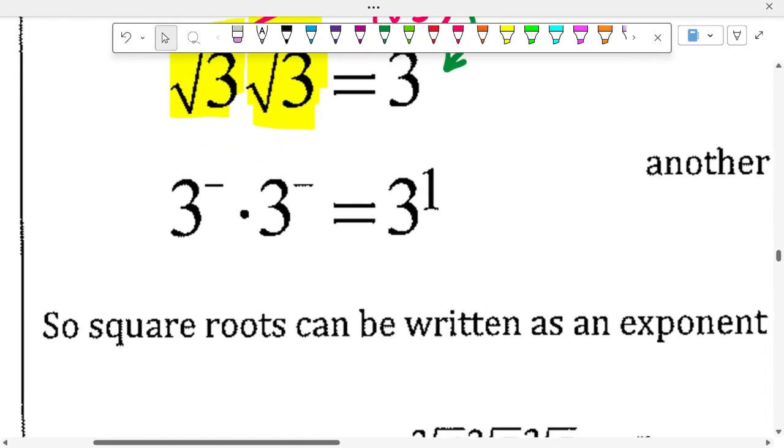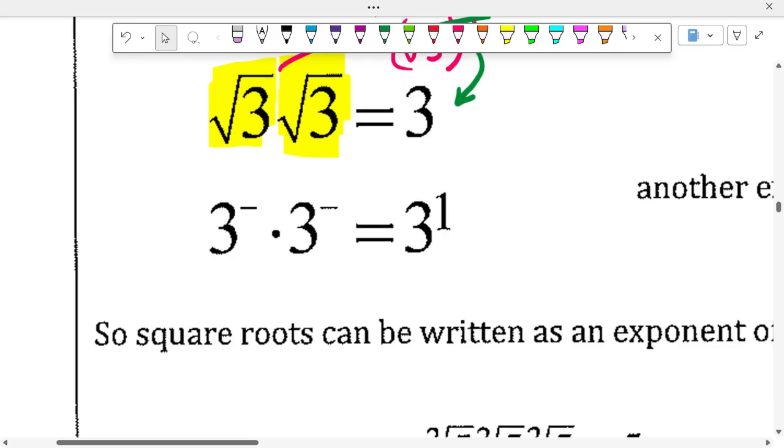Now, if we're talking product rule, that means we get 3 of the first. What number, and this number is going to be a fraction, what number, if I add it to itself, gives me 1? 0.5, right.